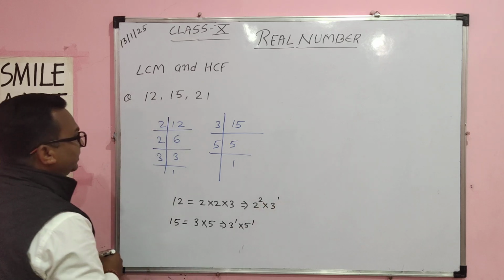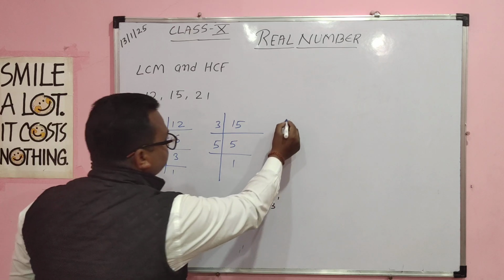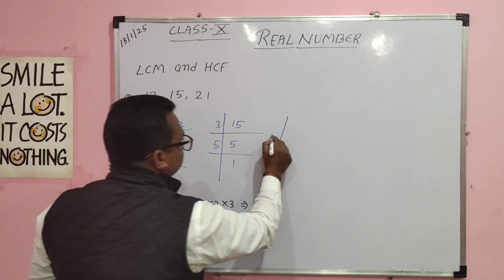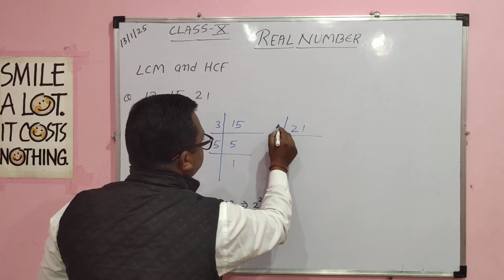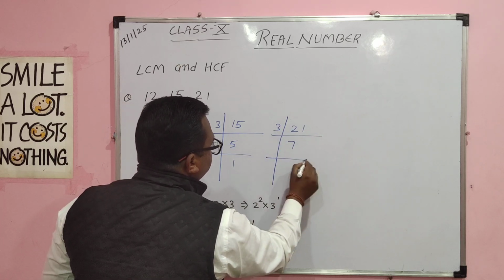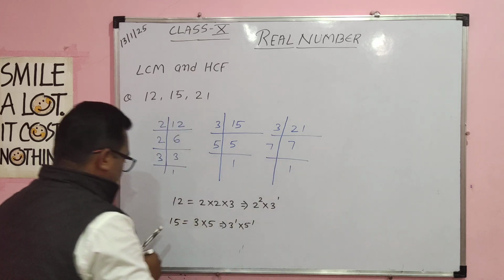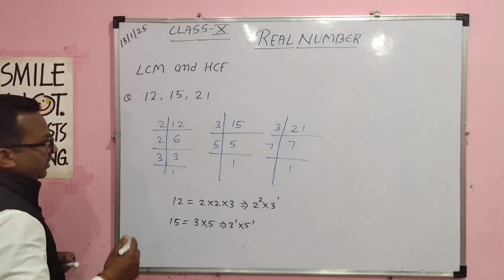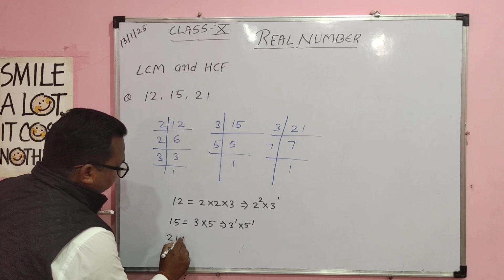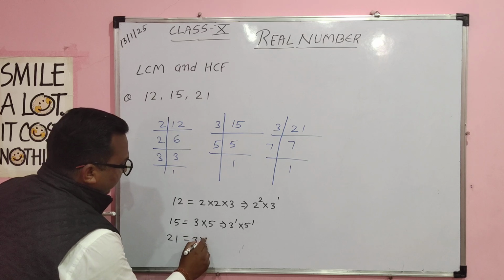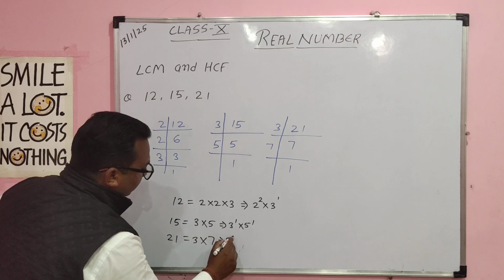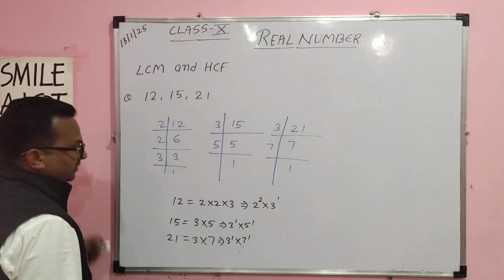Next is 21: 3 7s are 21, 7 1s are 7. So the prime factors of 21 are 3 multiplied by 7, meaning 3 to the power 1 and 7 to the power 1.